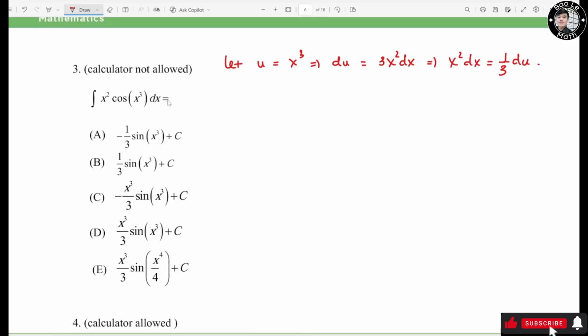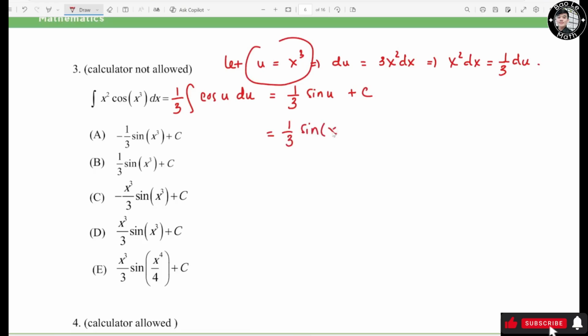So this guy becomes the antiderivative of cosine u du, and don't forget to put 1/3 right here, right? So it's gonna be 1/3 sine u plus c, right? But u equals this guy, right? So it could be 1/3 sine of s cubed plus c, right? The answer must be B.